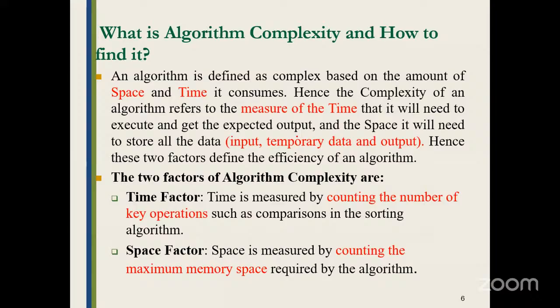We developed two different algorithms. Algorithm 1 takes 2 seconds, let us say, and algorithm 2 takes 4 seconds. The concept is the same, finding the factorial of a given number. By comparing the time consumed by the algorithms to generate the output, algorithm 1 takes less time compared to algorithm 2. So in such cases, algorithm 1 is more efficient because it takes less time. Like that, depending on the time, we can decide which one is efficient.